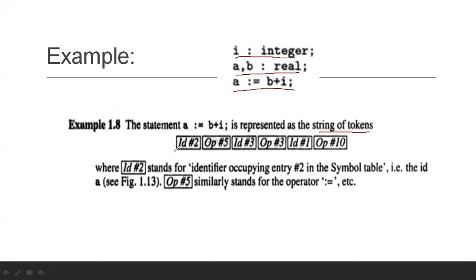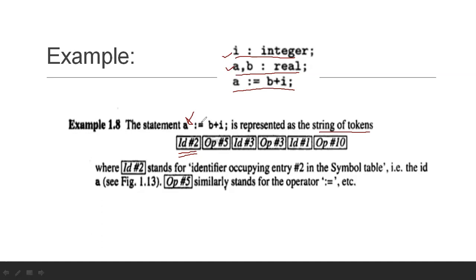Let us see. ID has 2 is nothing but A. Why ID has 2? Because I is entered first, then A is entered, because A is encountered later than I. So ID has 2 is A, that we have seen in the previous lecture.